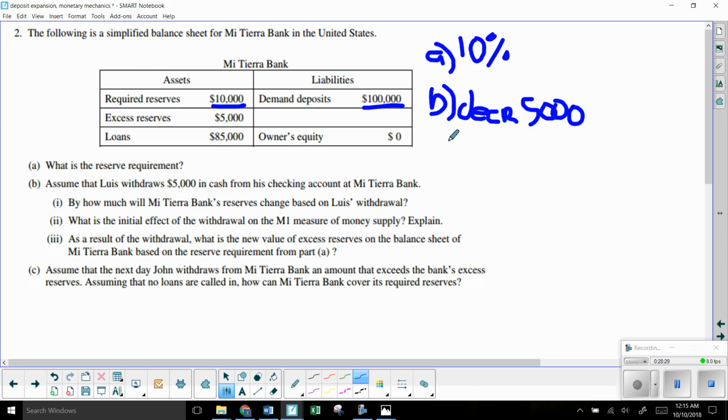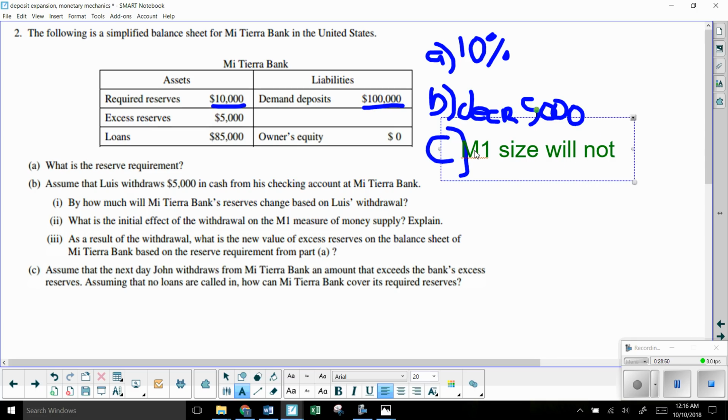Okay. Now, C, they ask us, how will the M1 measure of the money supply change immediately upon this withdrawal, and then explain. And here, I think I'd like to go faster than I can write, so let me come up here and say M1 size will not change. Okay, why is that?